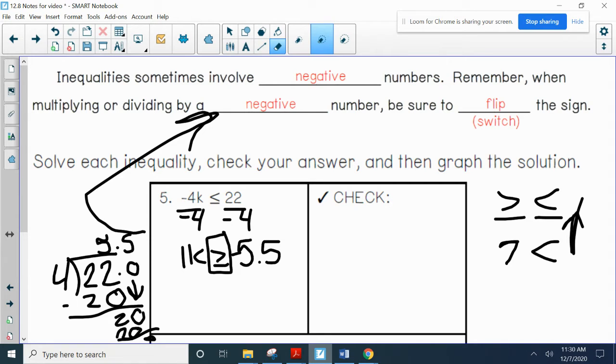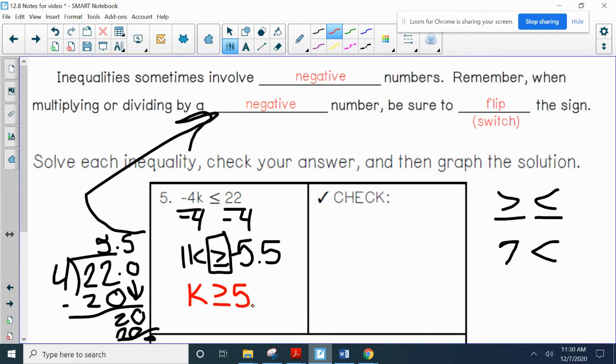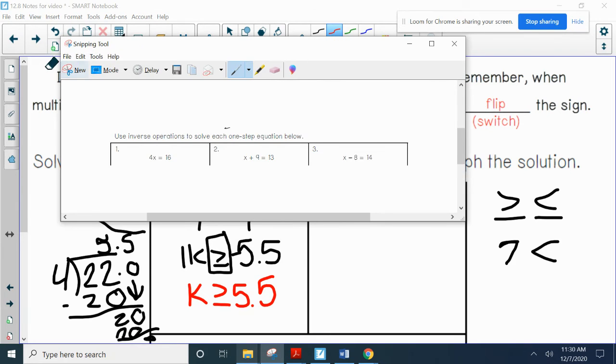That bottom or equal to, if you have it, it stays. If you don't have it, it stays away. But so you flip the sign, but never change the or equal to or not or equal to part. All right, so then we can go ahead and simplify that to k is greater than or equal to 5.5.